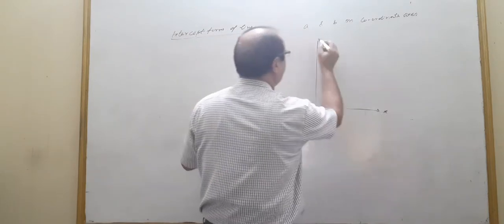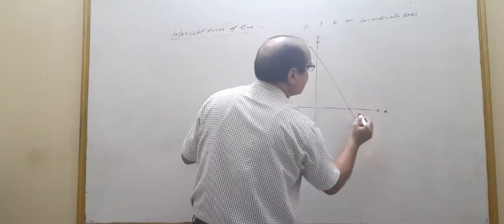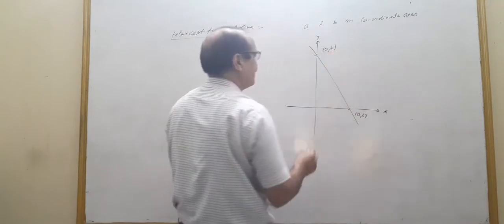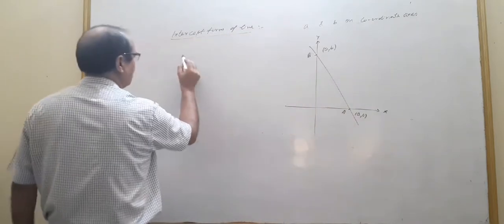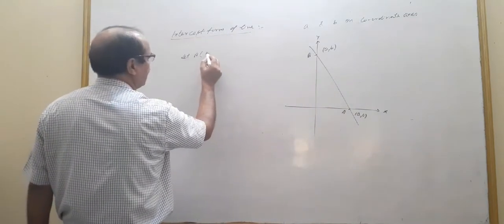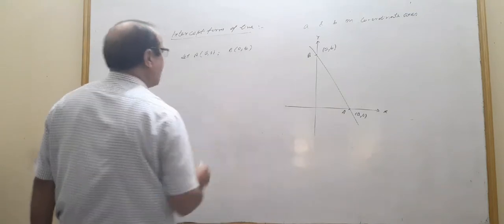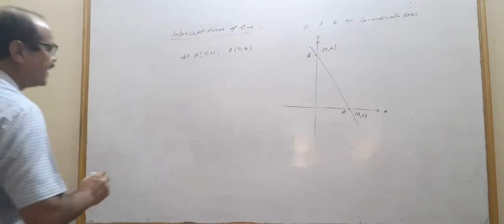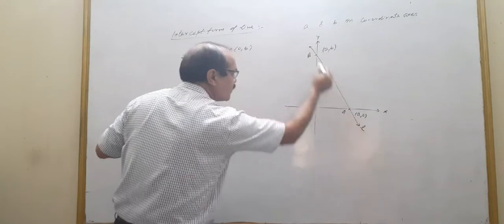This is the coordinate system xy, and this is the line which cuts off intercept A on the x-axis, so the point becomes (A, 0), and B on the y-axis, so the point is (0, B). Where A and B are the intercepts made by the line on the coordinate axes. Now, this line is obtained by joining the two points.